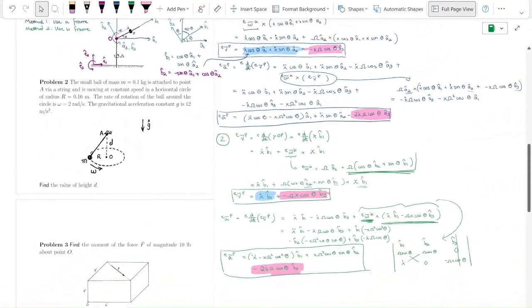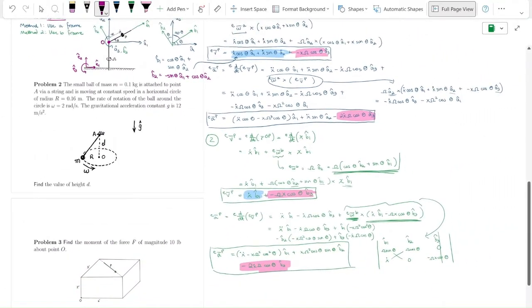I'll just do that really quick. I think you can verify for yourself. It's just plug and chug at this point. So x double dot minus. This is completely unnecessary as a part of the problem, but it helps you get familiar with these things.